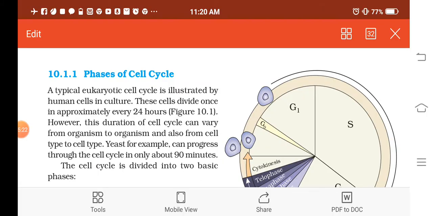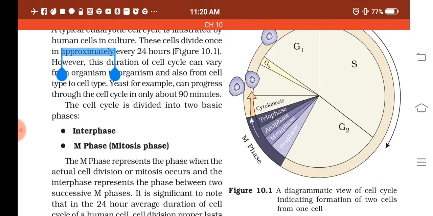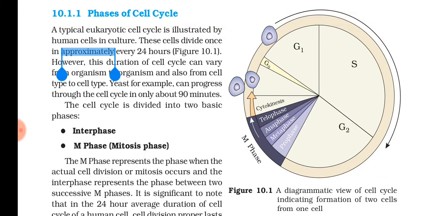A human cell takes around 24 hours to complete its cell division. The duration of the cell cycle varies from organism to organism, and also from one cell type to another.